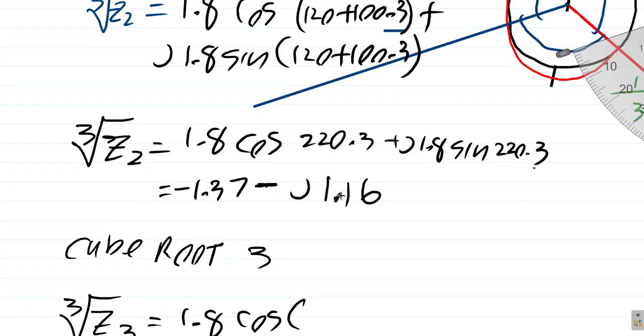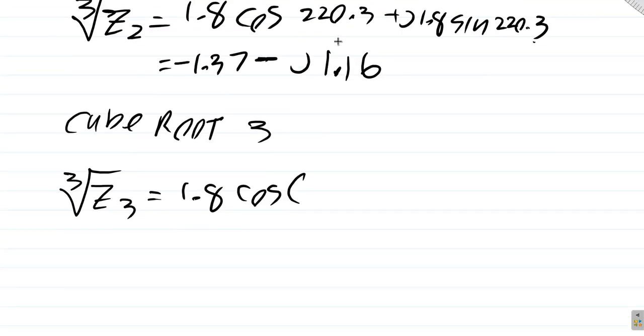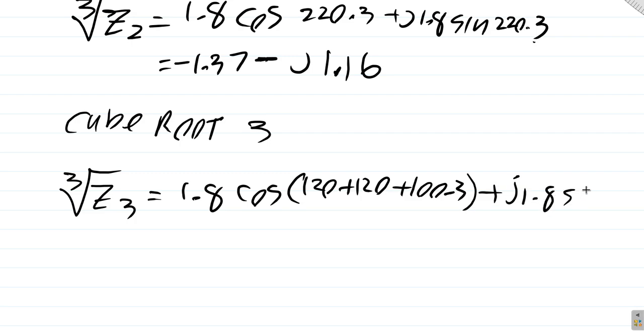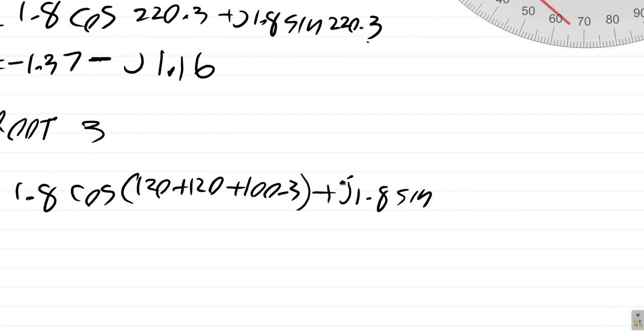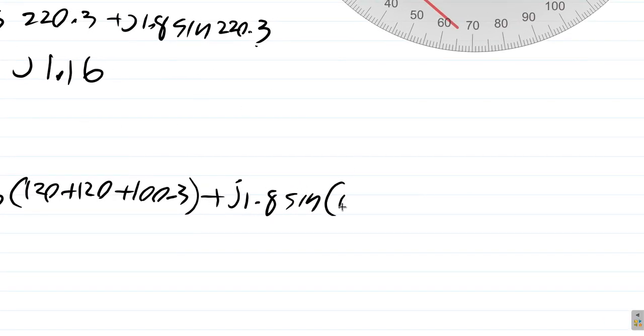I'm going to put it as 120 plus 120, that's 2 rotations of 120, plus 100.3, plus j 1.8 sine of 120 plus 120 plus 100.3.